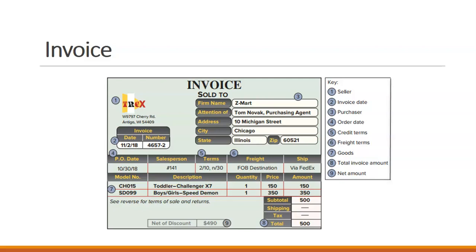What we ordered, so we ordered bikes as inventory, the total invoice amount of $500, and the net amount. So we see here that our total amount is $500, but if we pay within that discount period, our total price would be $490 instead, a savings of $10.